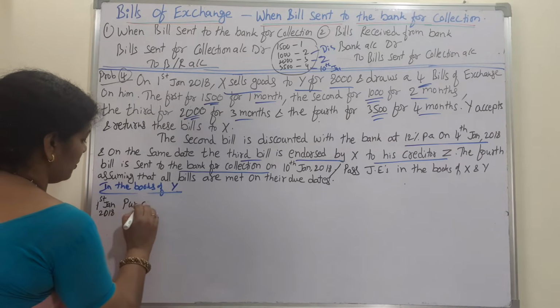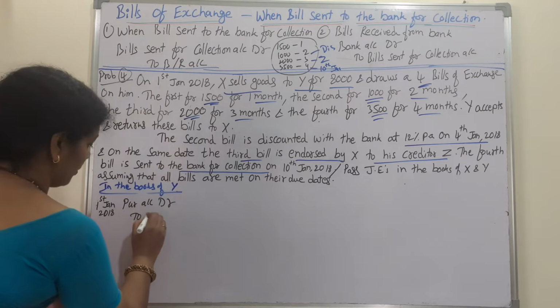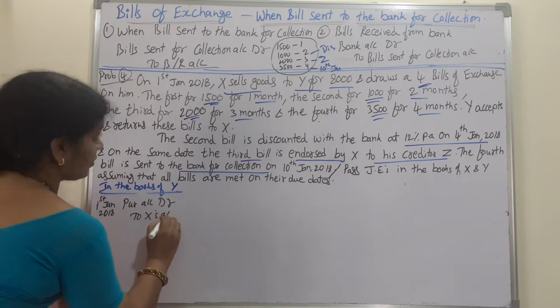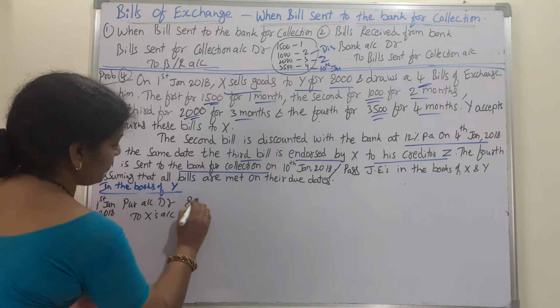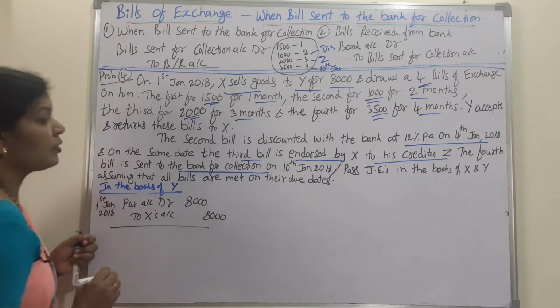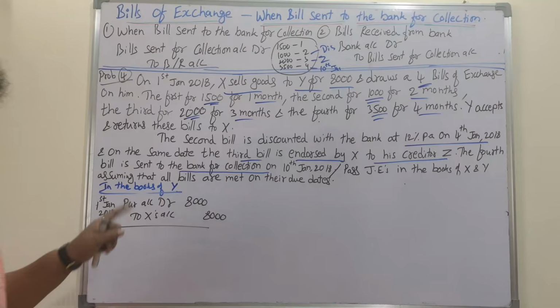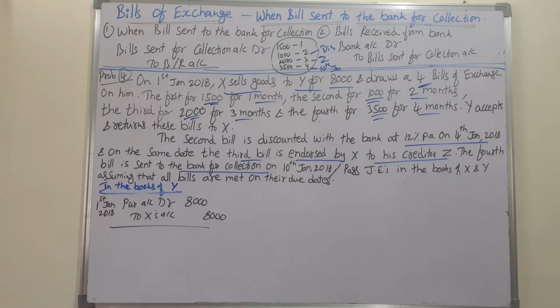Purchases account debtor to X account, 8000. Being goods purchased on credit basis.